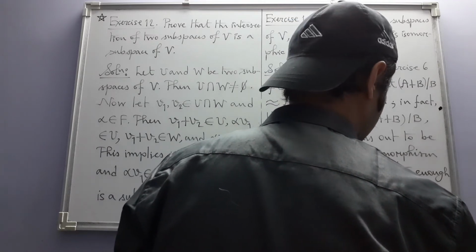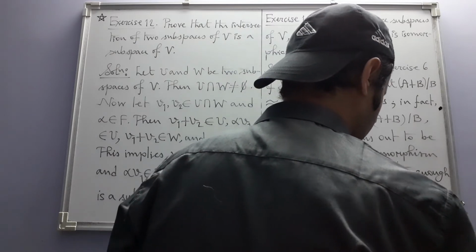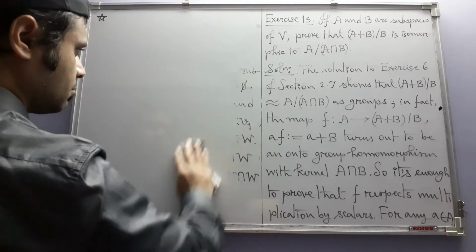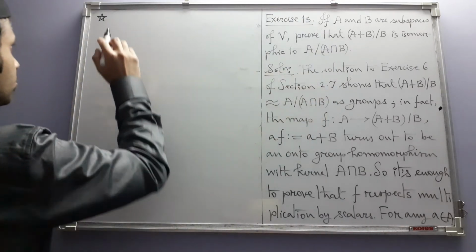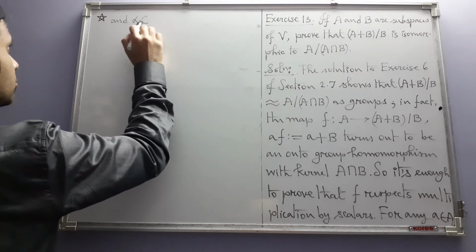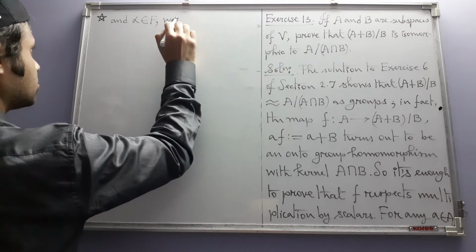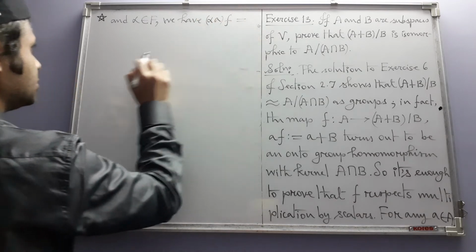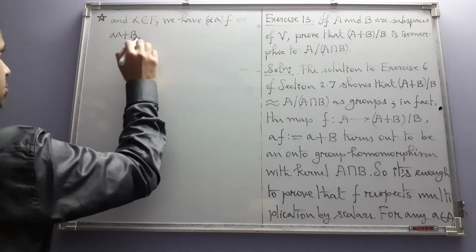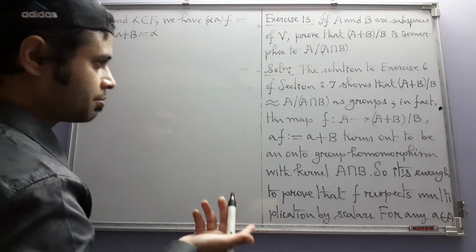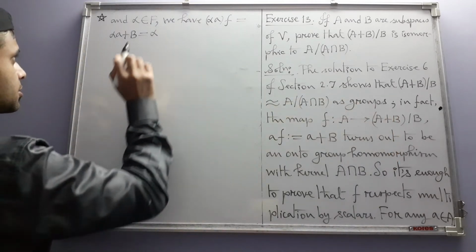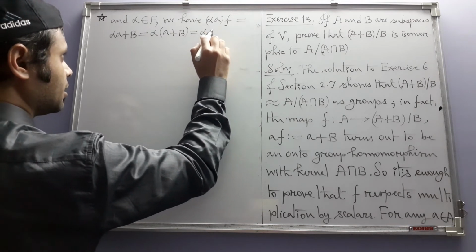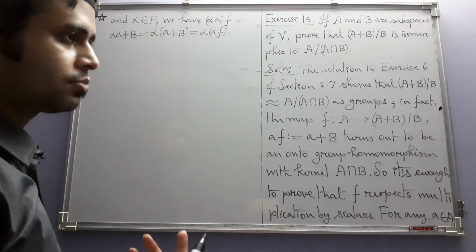For any a belonging to A and alpha belonging to the field F, we have alpha times aF. By definition, this is alpha times (a + B), this coset, which by the definition of multiplication by scalar in this quotient space is (alpha a) + B, and this is nothing but (alpha a)F. So that's what we wanted to show.